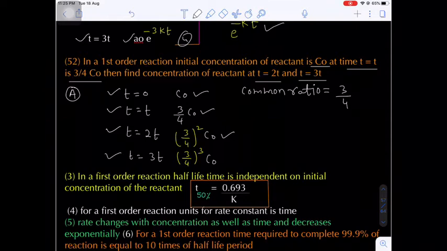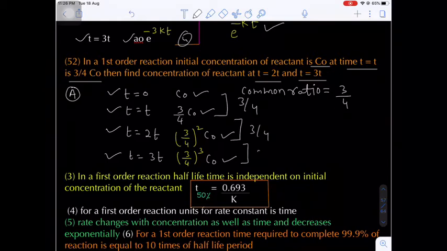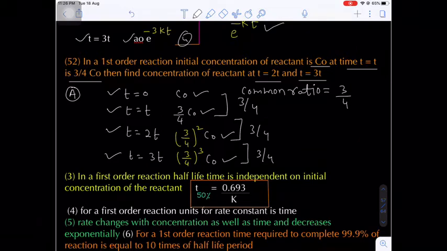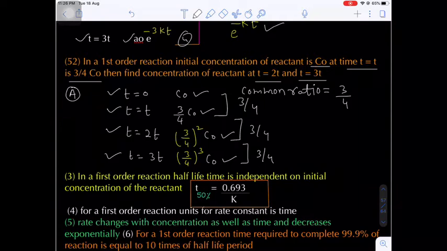At t equal to 3t, you will get 3 by 4 whole cube into C0, because the common ratio is 3 by 4 each time. This is one of the important characteristics of first order kinetics. Once again, the concentration left in equal time intervals will be in a GP.